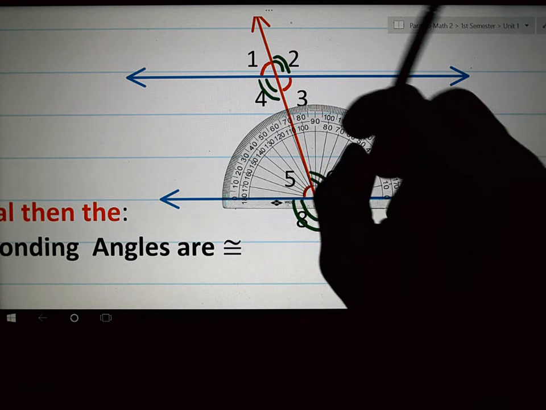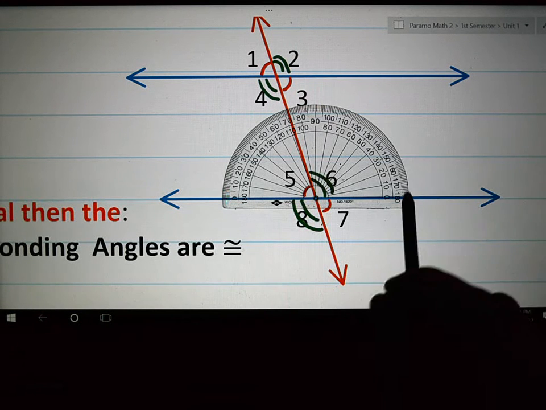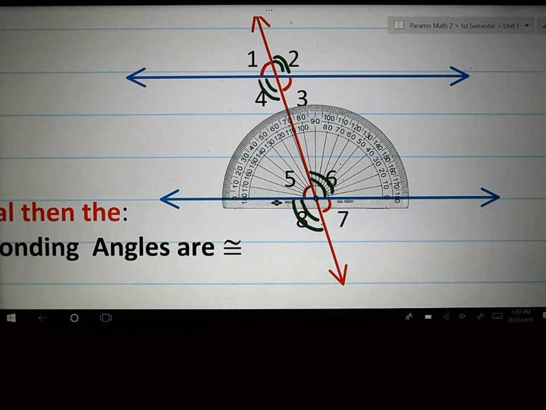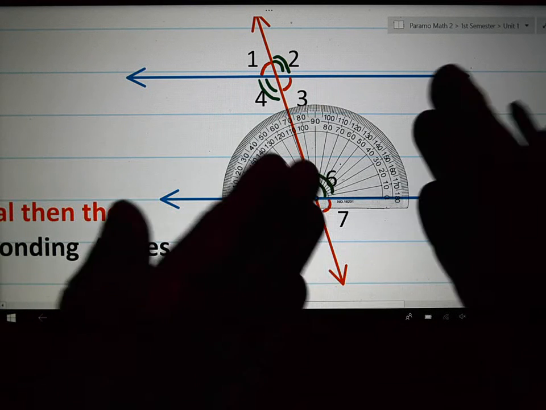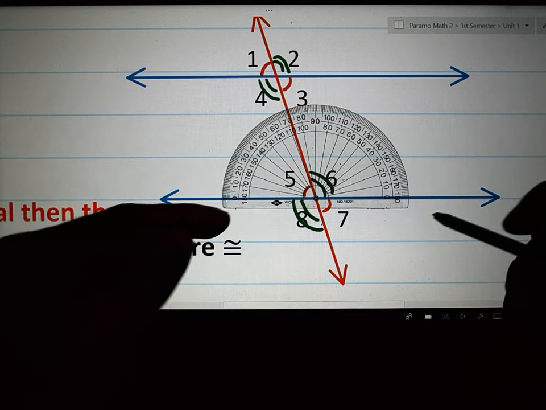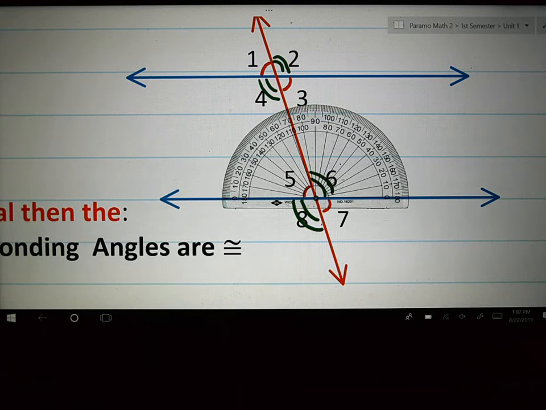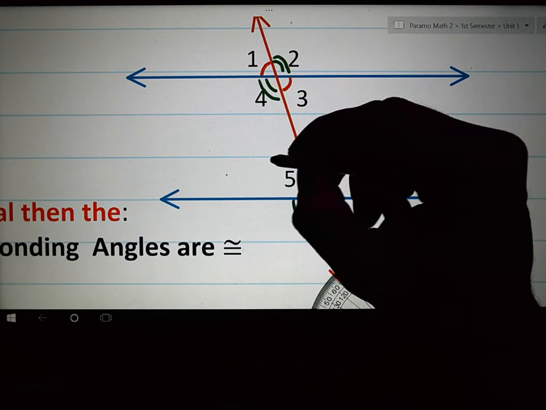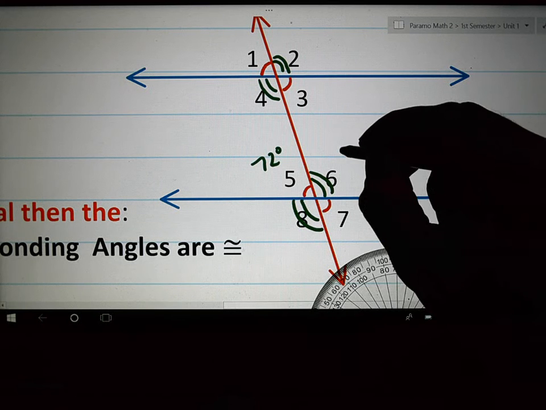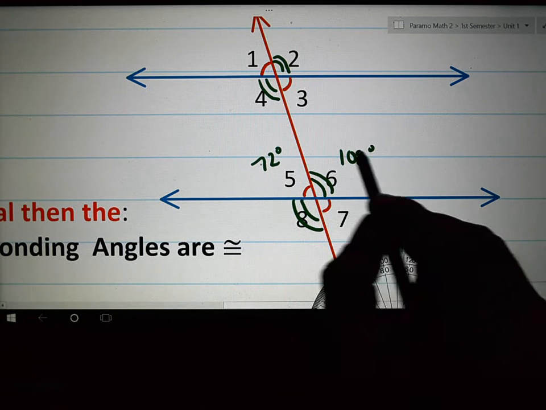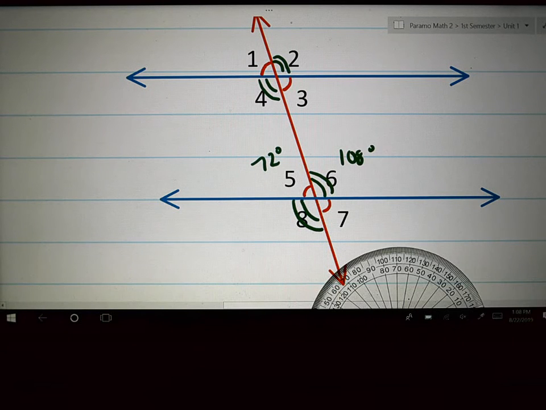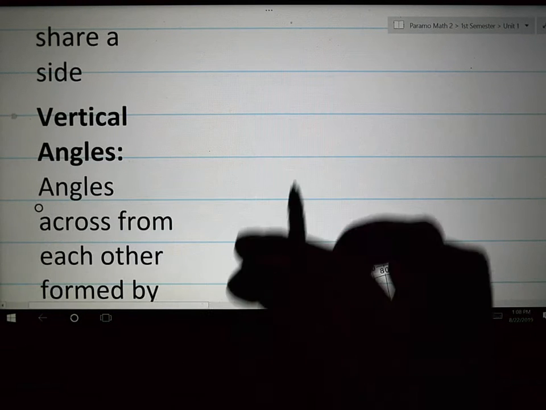The other angle, the green angle, is 108 degrees. They are supplementary because they add to 180. So measuring this is like 72 degrees and this is about 108 degrees. These together are supplementary. I'm hoping that makes sense.